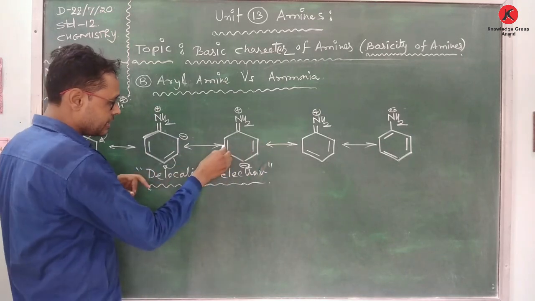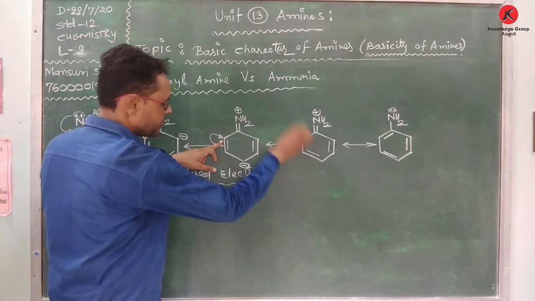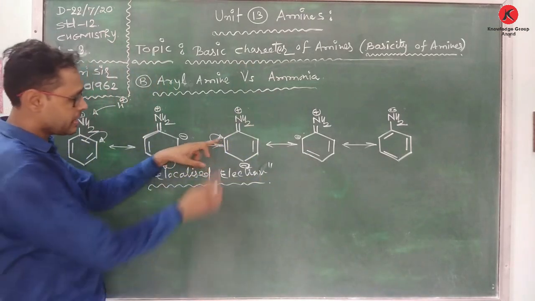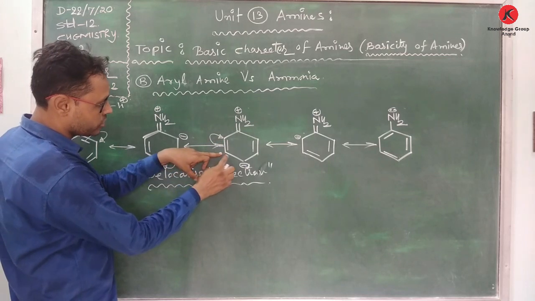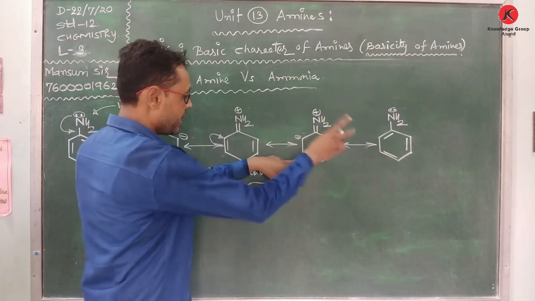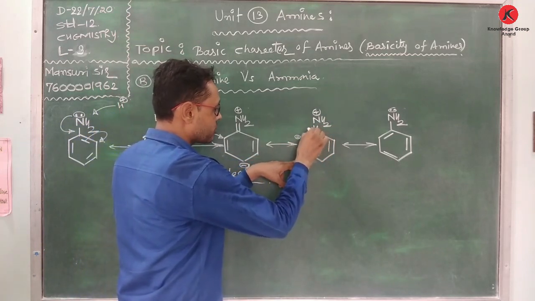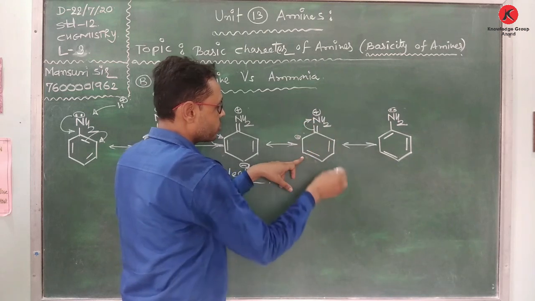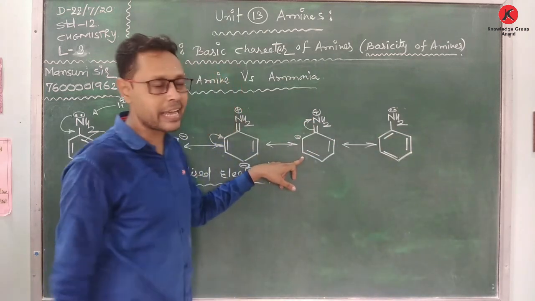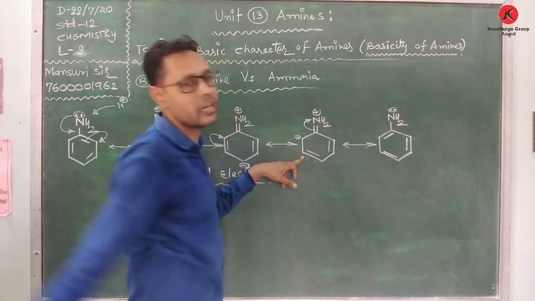That is why this electron goes toward this carbon, and it makes a negative charge. And here it is positive, and the negative will be attracted, that is why a double bond is formed. And here the bond electron goes toward nitrogen and nitrogen becomes negative. So negative and positive attract and make a neutral atom.